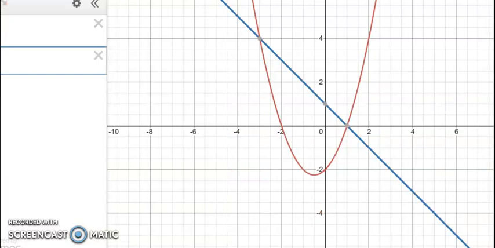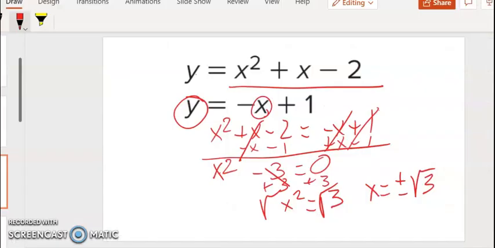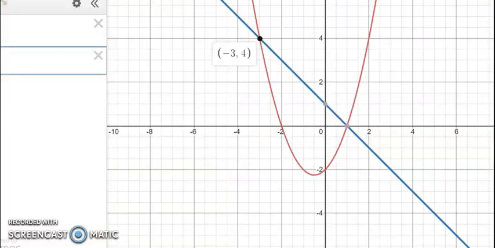So this is what our graph looks like. Let's see where our solutions are. I must have done something wrong when I plugged it in. I have x squared plus x minus 2 and then negative x plus 1.